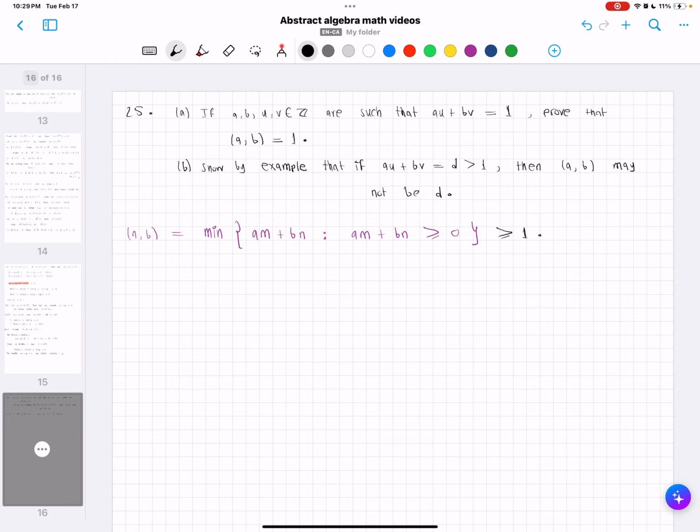So then you get that if there exist a U and a V inside of Z such that AU plus BV is 1, then automatically you get that the GCD of A and B must be equal to 1.